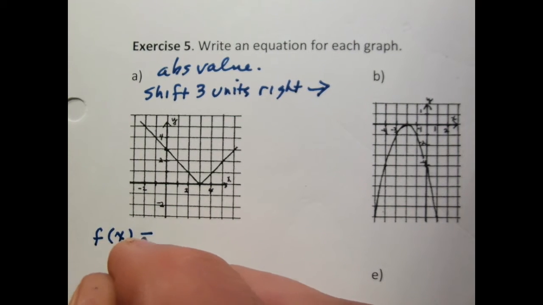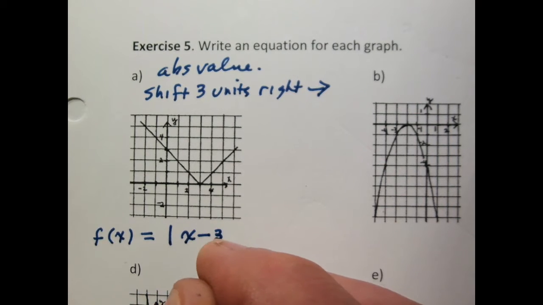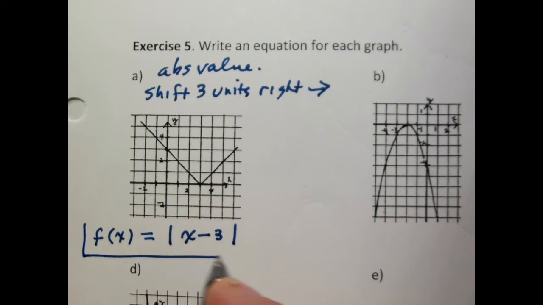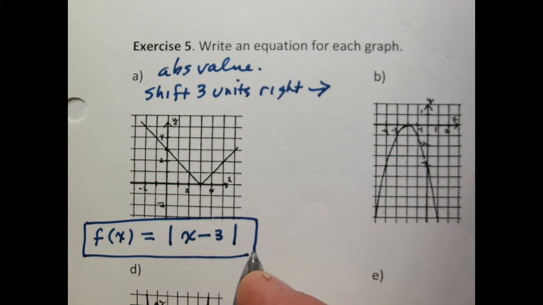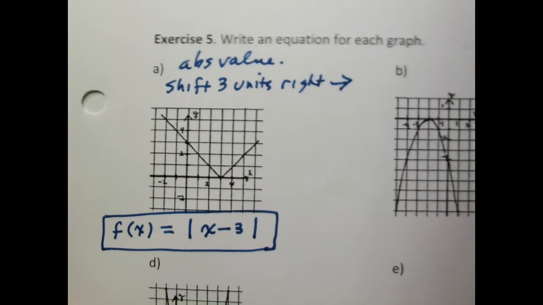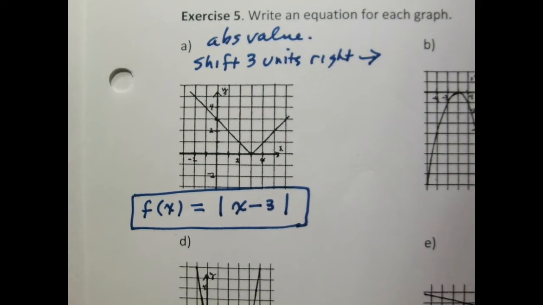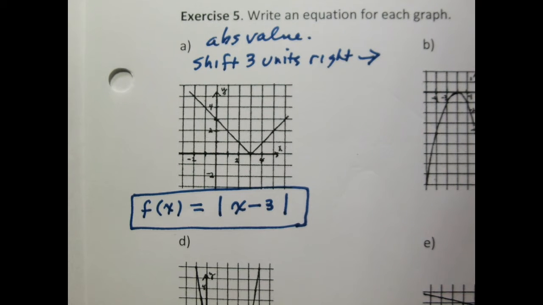So my function is going to be an absolute value function where I need to write x minus 3 inside the absolute value bars, right? So there's my answer for A, just that one shift. So A is f of x equals the absolute value of x minus 3.